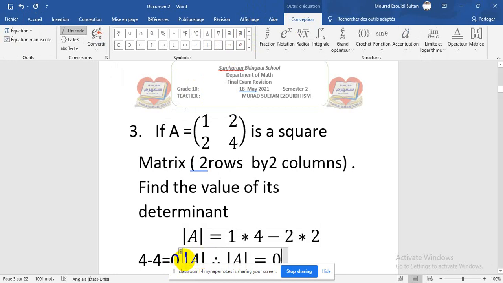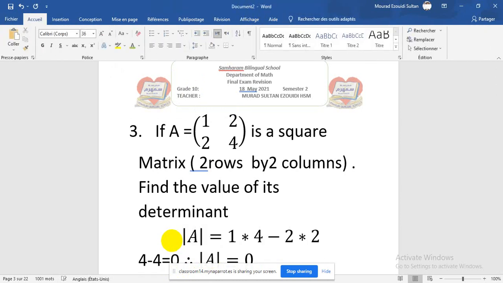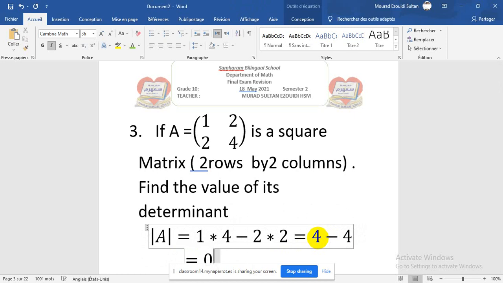Then I will erase what is written before. We said this one is equal to 4 minus 4 equals 0. Clear?